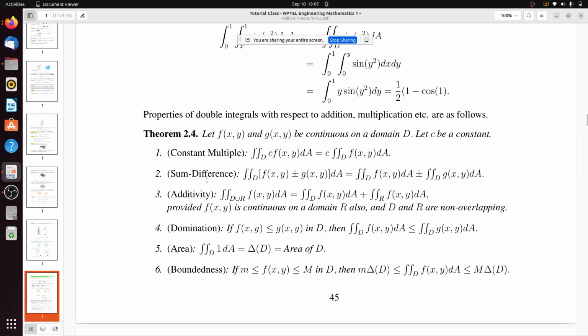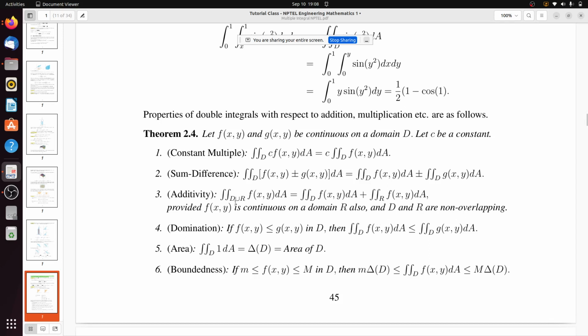Also, as in the differentiation case, the multiple integral of a sum is equal to the sum or difference of the individual integrals. And there is also the concept of additivity.